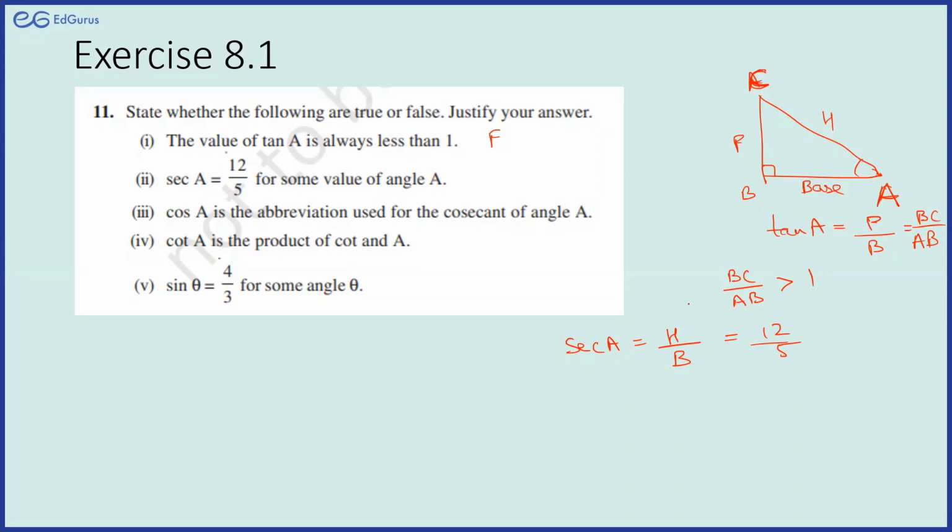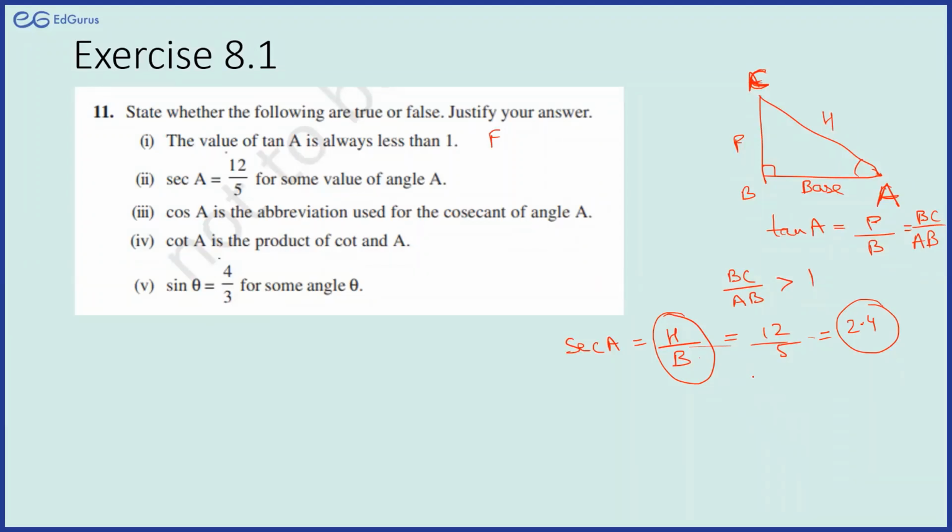True or false? They are saying sec A equals 12 by 5, so sec A is 2.4. Is it true or false? Can the ratio of hypotenuse and base be equal to 2.4?